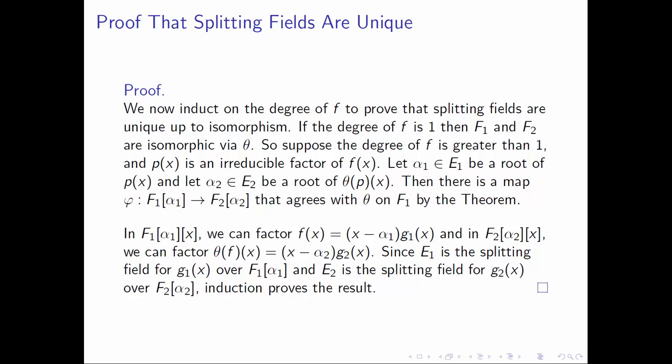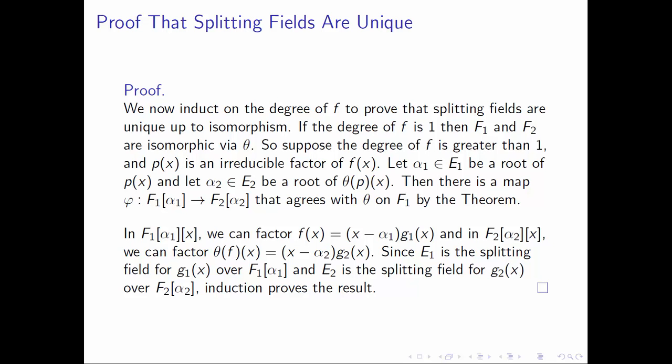We'll call that something else g1 of x. And similarly, if we work in the polynomial ring F2 adjoined alpha 2 adjoined x, we can factor the image of f as x minus alpha 2, since alpha 2 belongs to F2 adjoined alpha 2, times something else, and we'll call that something else g2 of x. Now at this point I'm glossing over some details that you need to check, but you can check.